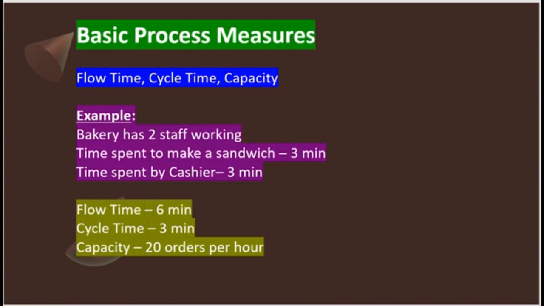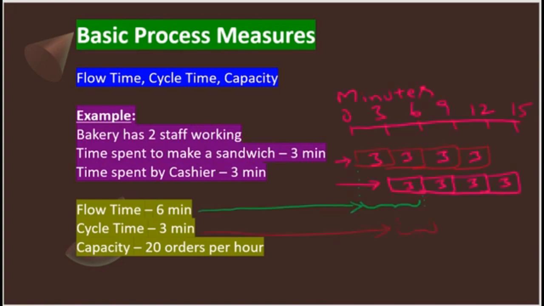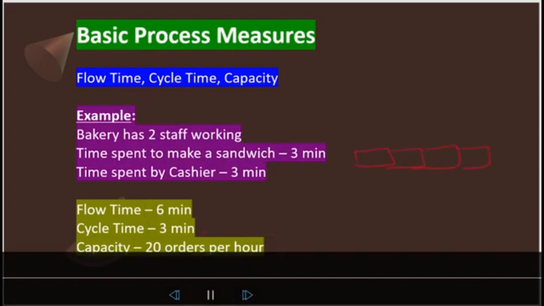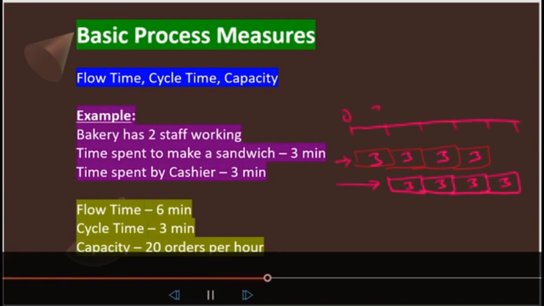So let us look at how we arrived at these minutes. Let's say the time spent for making a sandwich is 3 minutes for each sandwich. You can see each box is one sandwich, and the cashier is taking 3 minutes for billing. That's another box. Once the first sandwich is ready, the cashier takes 3 more minutes.